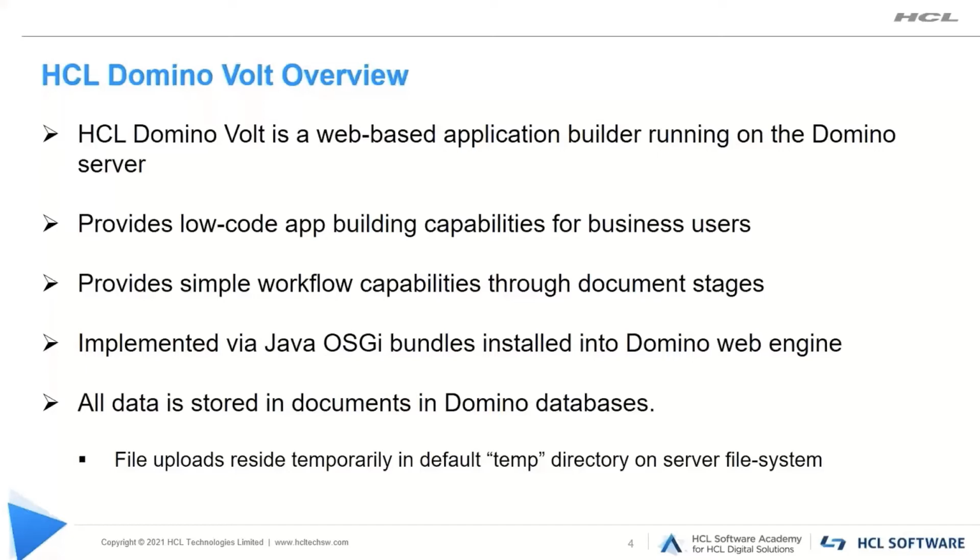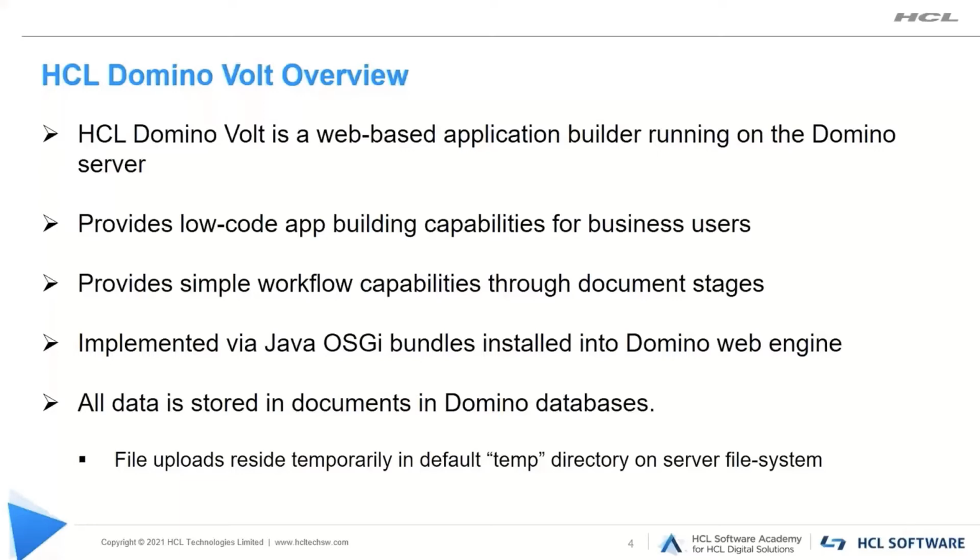HCL Vault is a pure Domino-based application builder where all the data is stored in the database as documents on the server. The files which you upload in the Domino Vault application will reside temporarily in the default temp directory on the server file system. Here we do not need anything other than the Domino server to run a Domino Vault application.